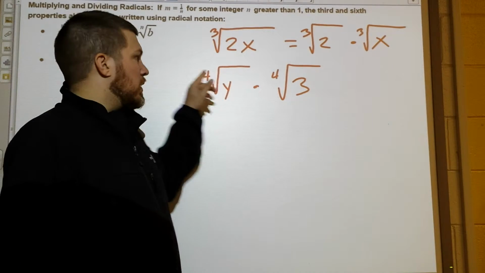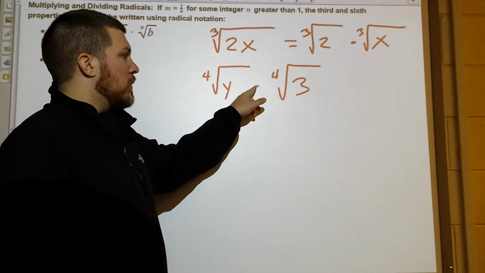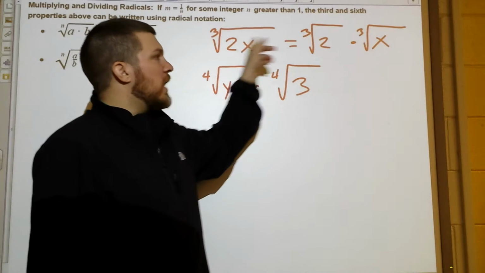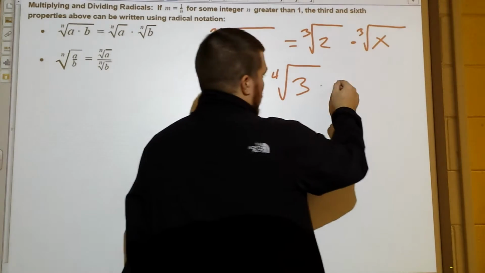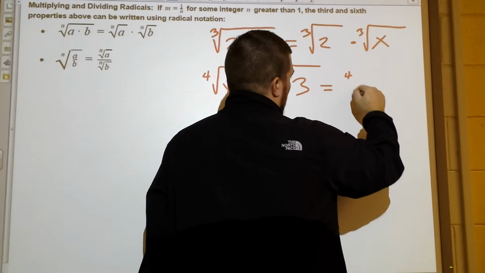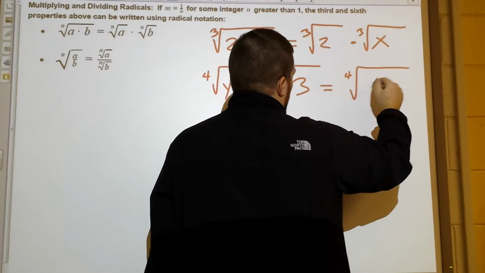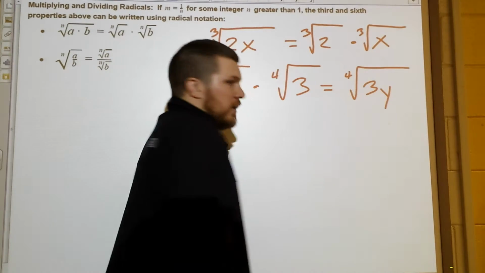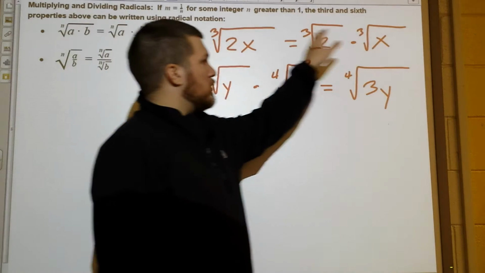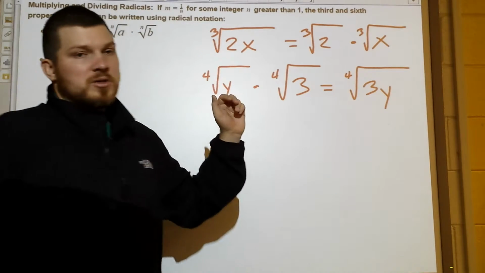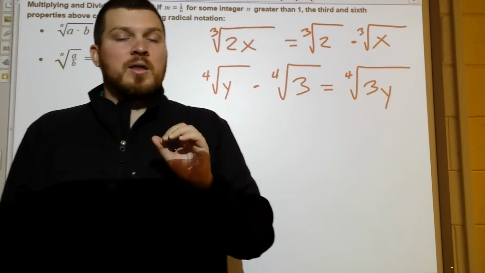First off, for this to work, the index has to be the same. Well, we're multiplying, so we're just working backwards with our rules, so we can put both of these together on the inside of the same root. So we have the fourth root of 3y. Okay, so this rule works forwards or backwards, whichever way you want to do it.